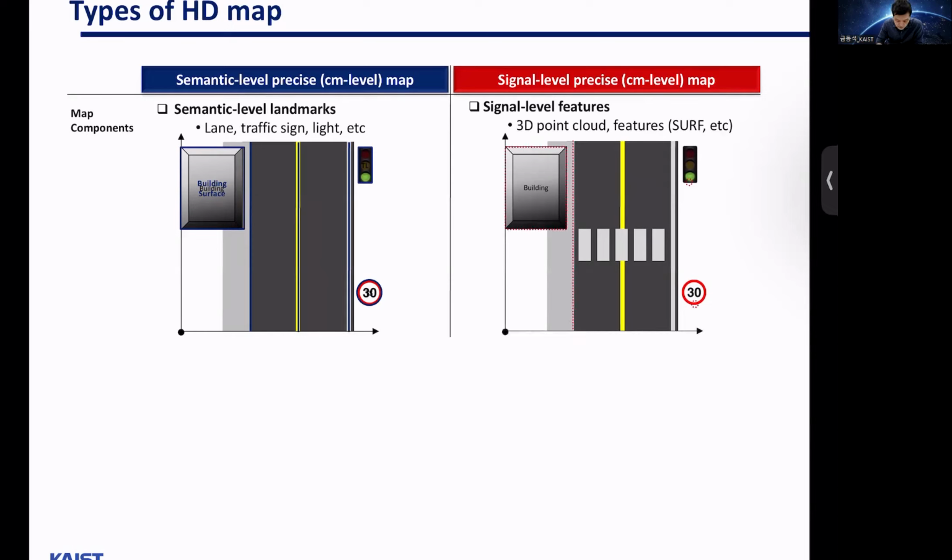So for instance, if we have a block, all we need is the position and size of this block, and what this block is, right? But when it comes to signal level features, in the case of 3D point cloud LiDAR, we need this 3D point cloud information on the map.